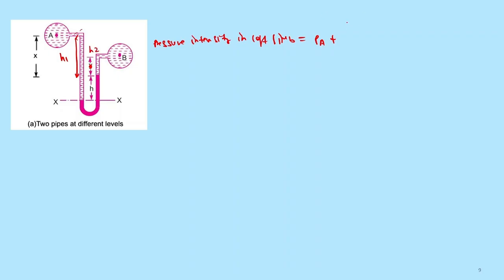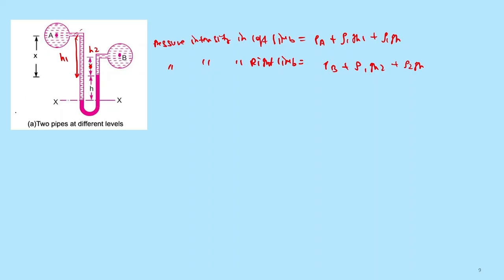So it will become PA plus rho 1 GH1 plus rho 1 GH, because this is the total height and this height is H, so it will become H1. Pressure intensity in right limb is equal to PB plus rho 1 GH2 plus rho 2 GH.